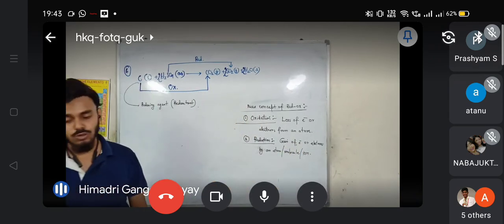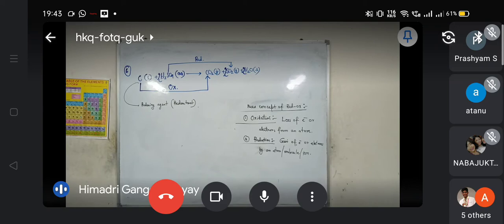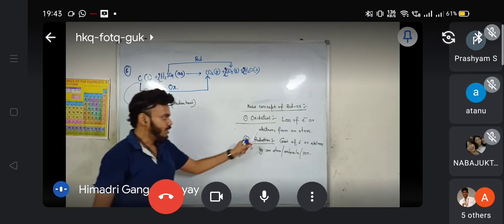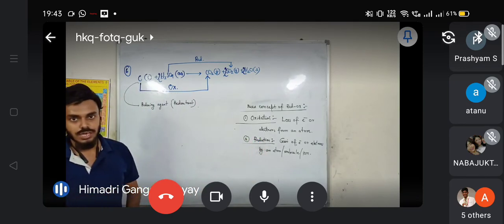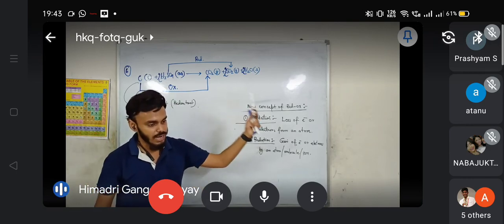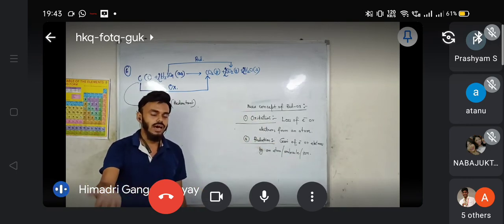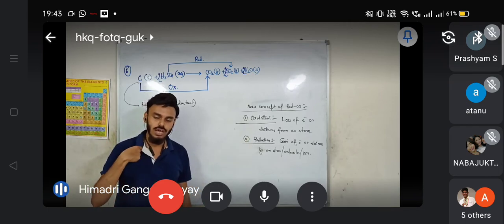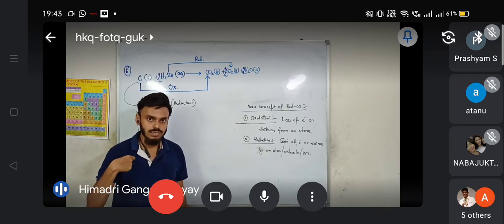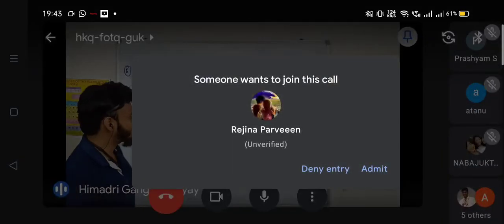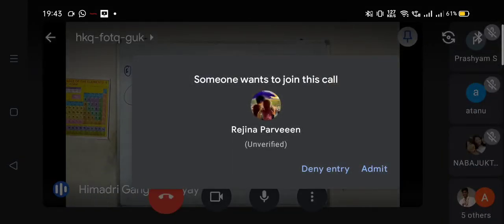So kindly clear this concept. In oxidation and reduction it is not gain or loss of H plus and OH minus ions, it is only gain and loss of electrons. And the one undergoing reduction helps the other to be oxidized and it will be the oxidizing agent. So the one that is oxidized will be a reducing agent, and the system that undergoes reduction will be the oxidizing agent. So someone is trying to join.